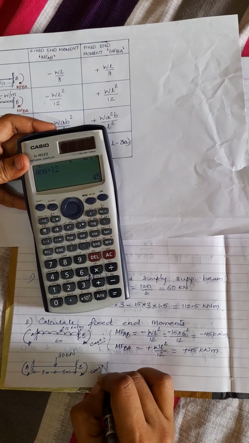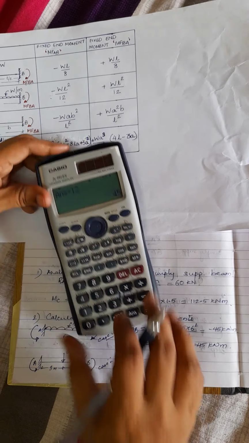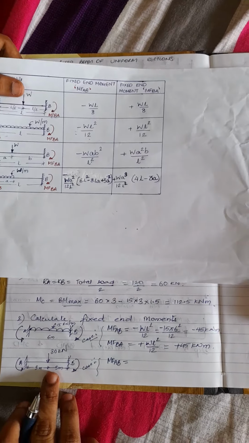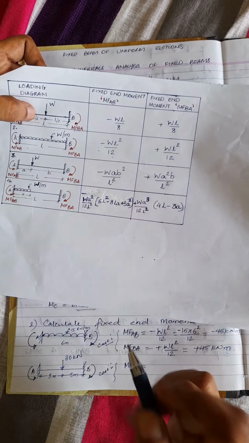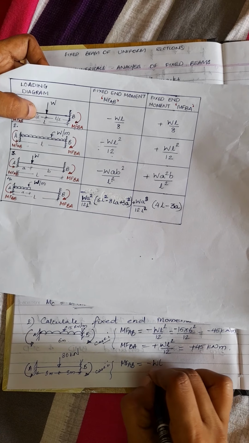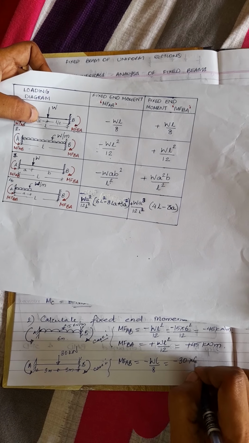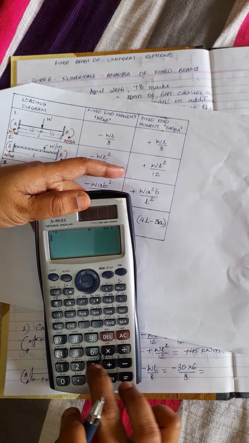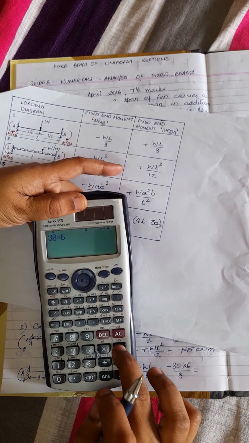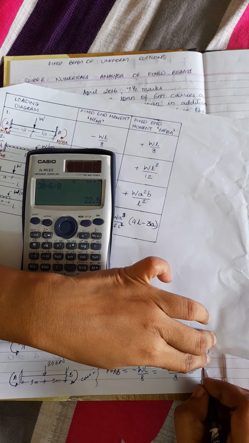Case 2, let me write MFAB. This is a point load acting right in the center, so minus WL by 8, minus 30 into 6 divided by 8, which is 22.5.